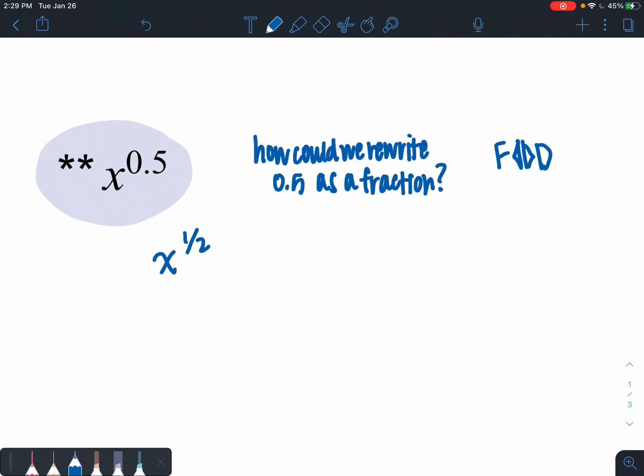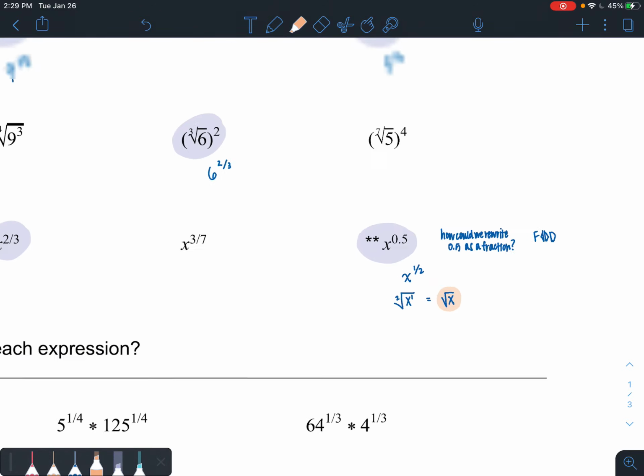Okay, so we get x to the 1/2. So that can be written as the square root of x to the 1. Simplified would just be the square root of x. And that right there is our answer.